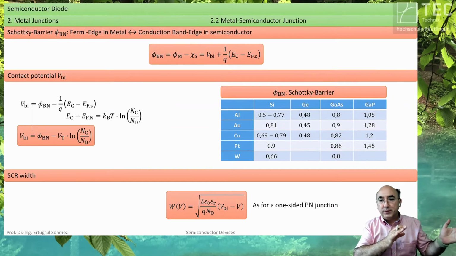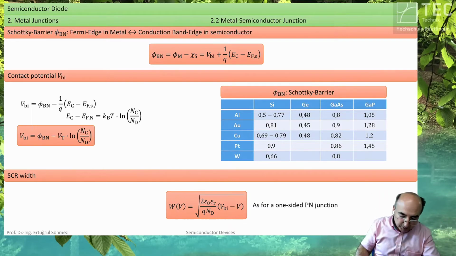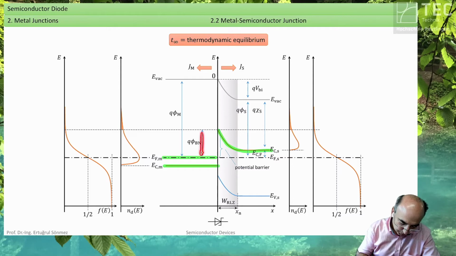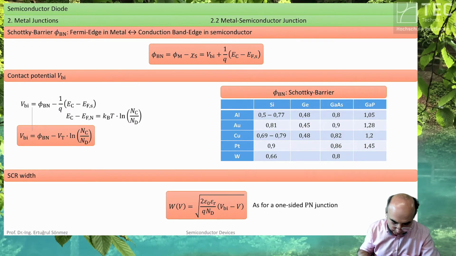But these are qualitative statements. Quantitative statements we have here. Now, the Schottky barrier is a function of the work function here, and how is it called? Do I have it written down?